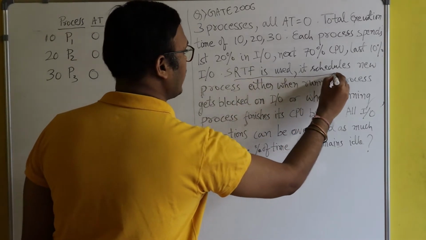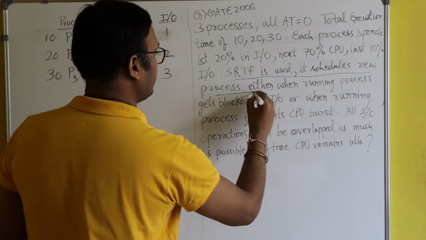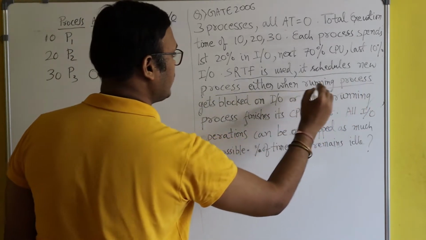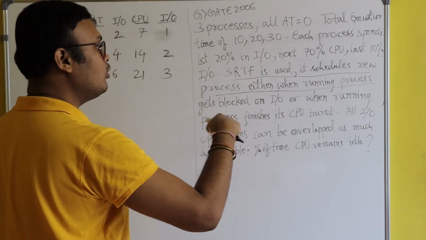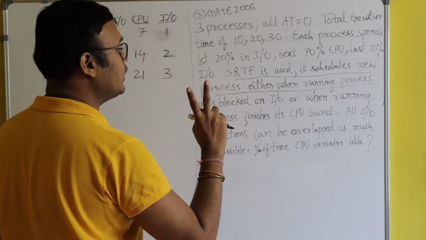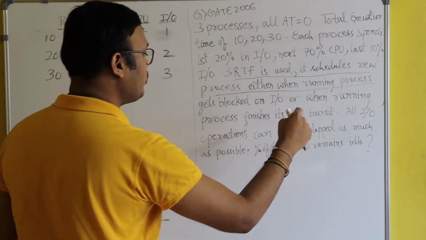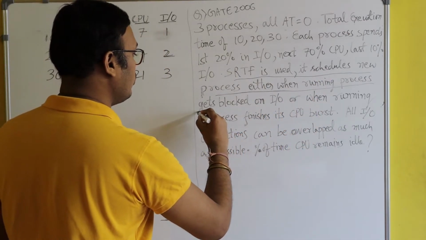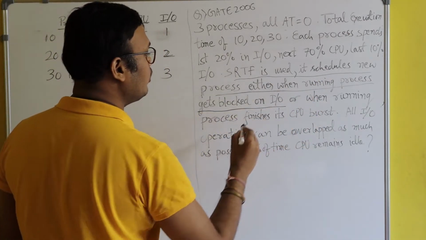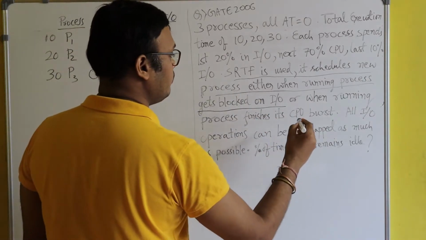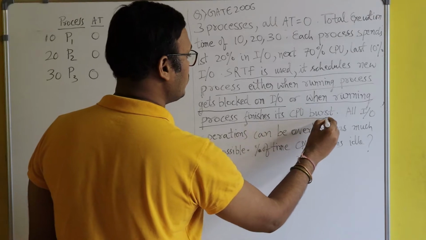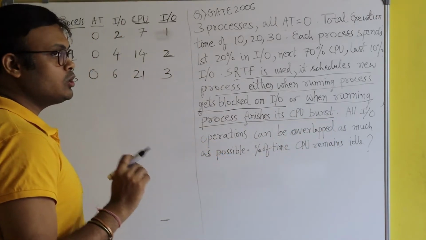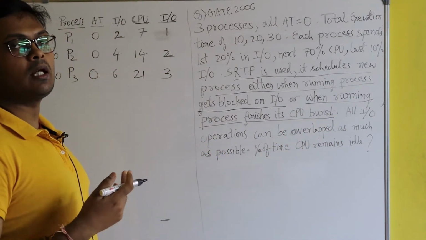There are two conditions: either when the running process gets blocked on I/O, or when the running process finishes its CPU burst. In these two conditions, a new process can be scheduled.